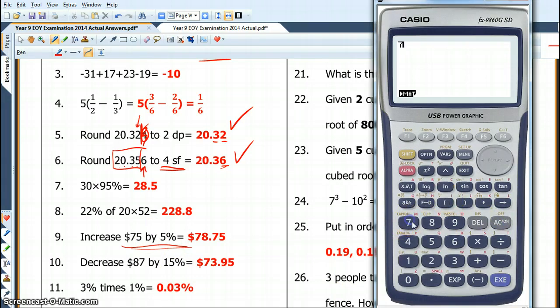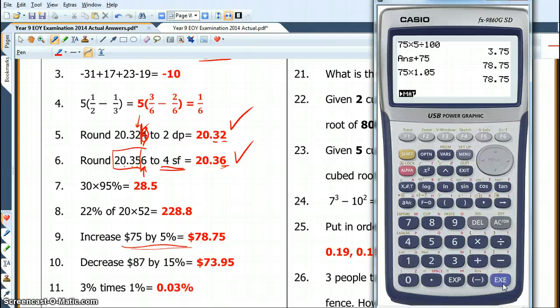So I've got my $75 times 5 out of 100, or 5%, is the 3.75. But I need to increase it by that, so I need to add the 75 back in. The cheats way is to go 75 times 1.05, and you get the same result.